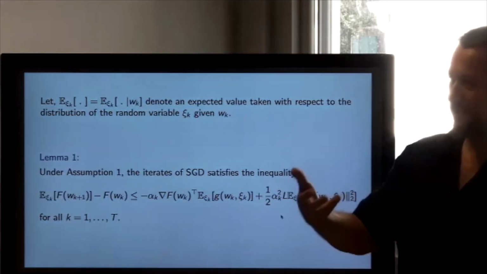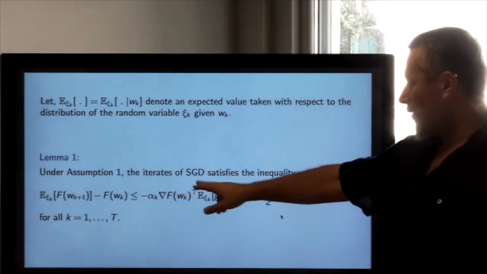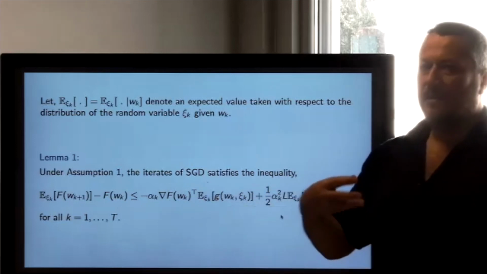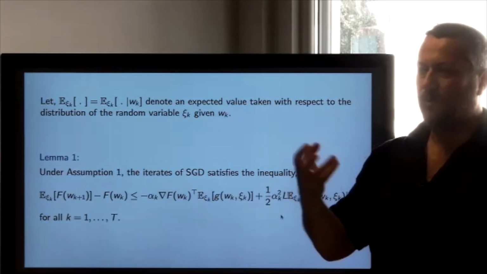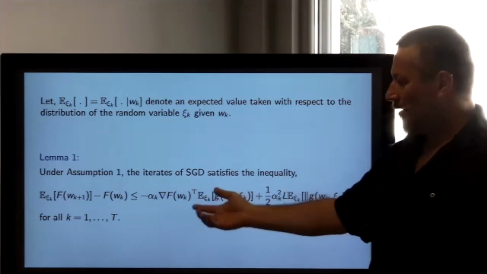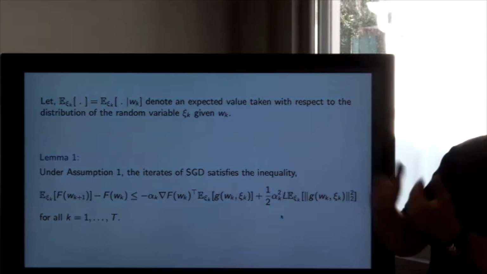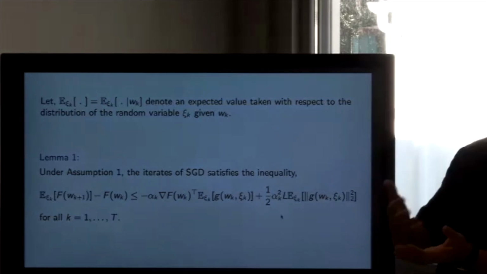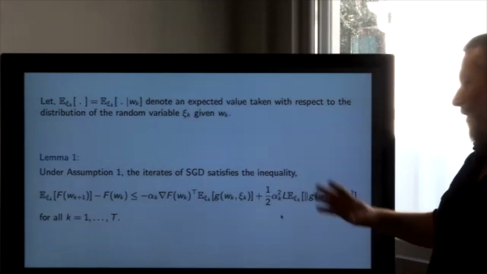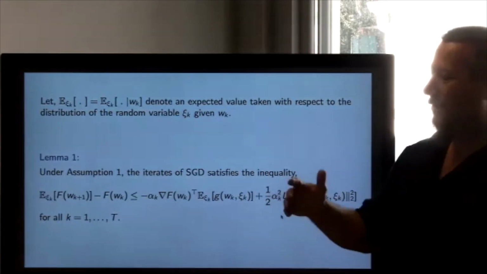They are not equal, they are an approximation, but the expected value is exactly the gradient of capital F. So this inner product will be just the norm squared of the gradient of f. So it will be positive. It's exactly the square of the norm of gradient f, and that's nearly enough to show that this process will converge to a stochastic stationary point.